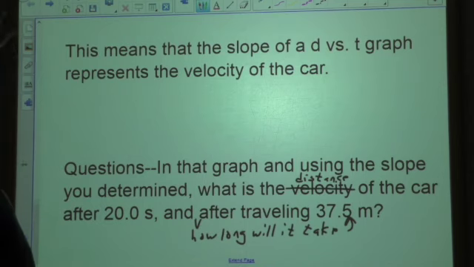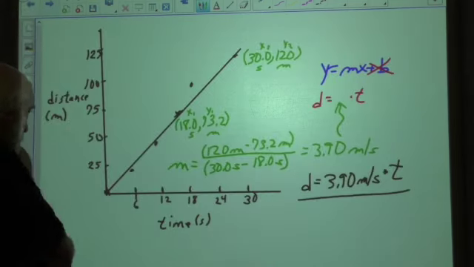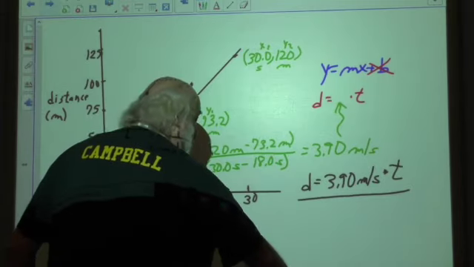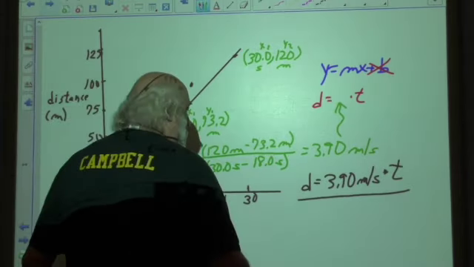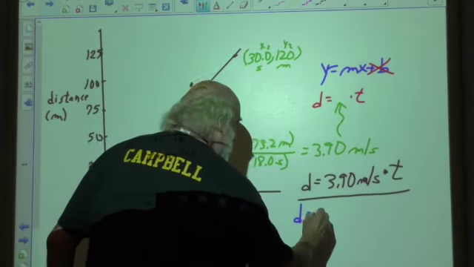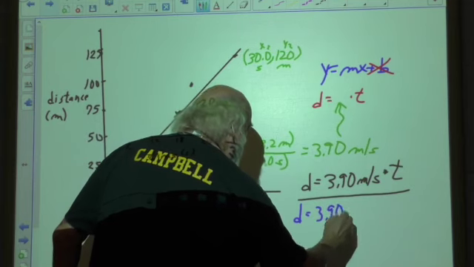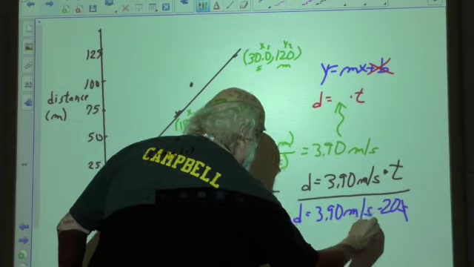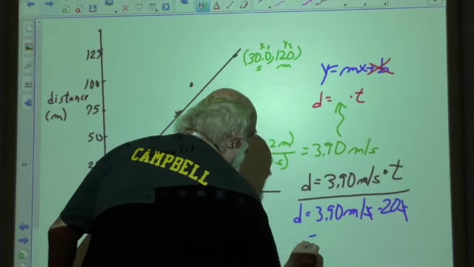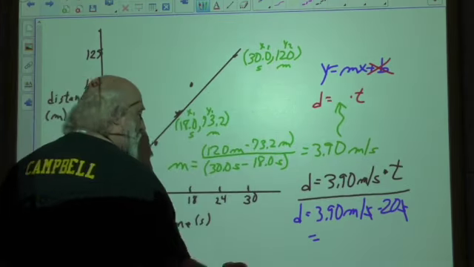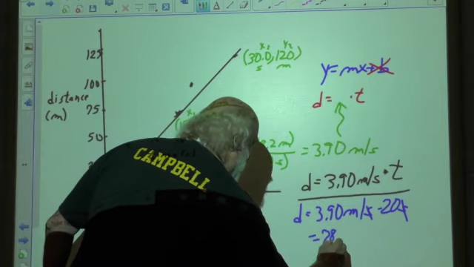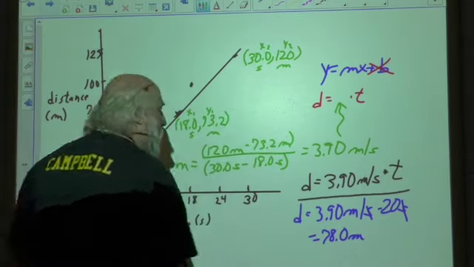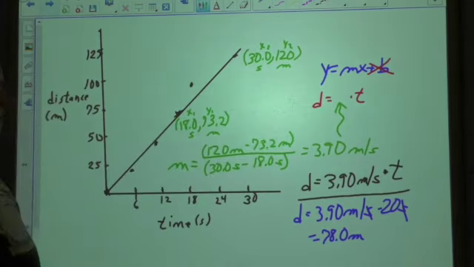We got 20.0 seconds. So I'm going to do this in blue because I like blue. Distance equals 3.90 meters per second times 20 seconds. The seconds cancel out, so that's going to give you meters. Multiply that out, and you get 78.0 meters. So in 20 seconds, you're going to go 78.0 meters.